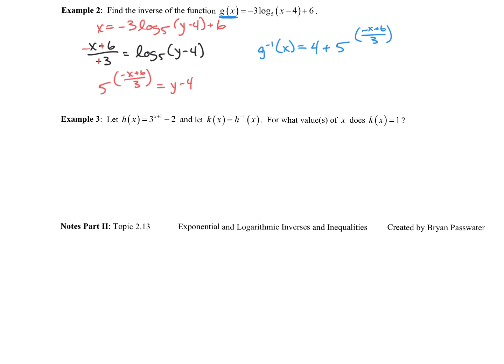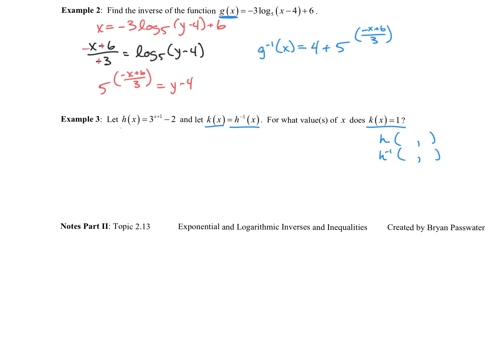All right, so on this one, I like to figure out what it's doing, so I like to make ordered pairs. And so k of x is equal to h inverse. And so it says k of x is equal to 1, and so I'm going to go with ordered pairs. So I'm going to say h, and I'm going to say h inverse. So this is trying to figure out when h inverse is equal to what? 1. And so is this the x of the inverse or the y of the inverse?